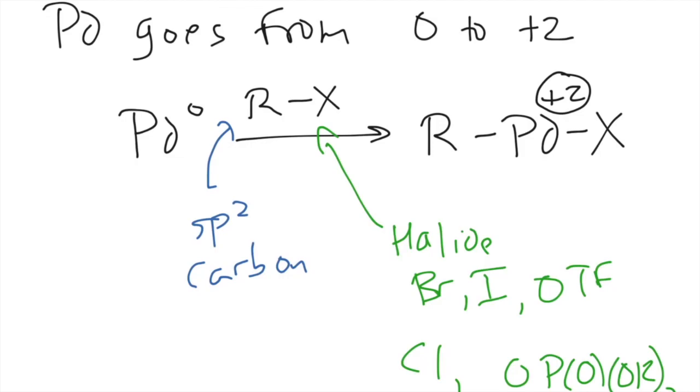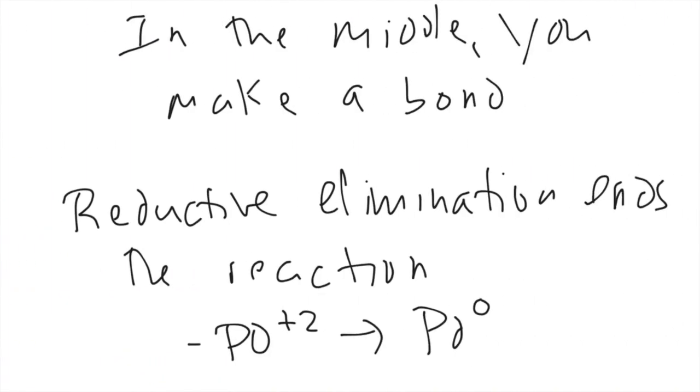This step is called oxidative insertion. So when you insert your palladium into that carbon-X bond, it oxidizes, so it's called oxidative insertion. And then in reductive elimination, you eliminate the palladium and you go from palladium 2 to palladium 0.